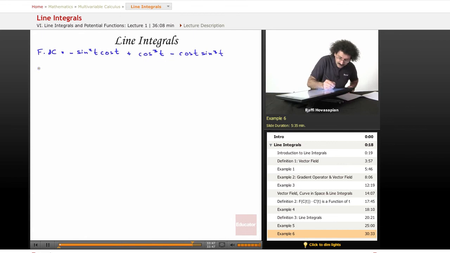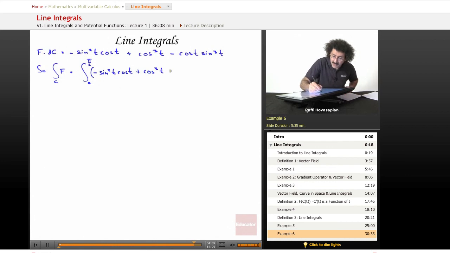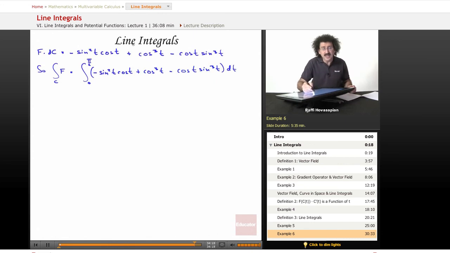So the integral of f along the particular path that we chose in the given interval is going to be the integral from 0 to pi over 2 of minus sine squared t cosine of t plus cosine cubed t minus cosine t sine cubed t dt. This is the important part, being able to get here. The rest of it is just basically technique.